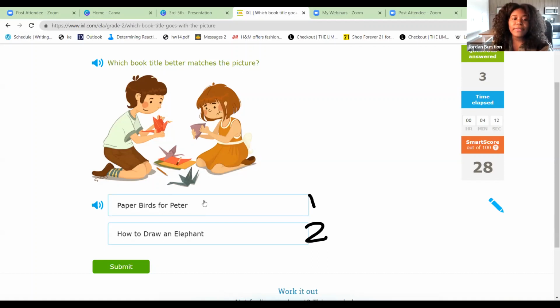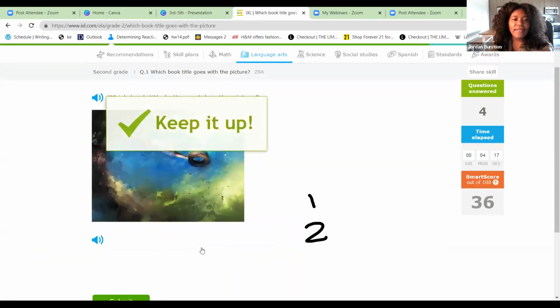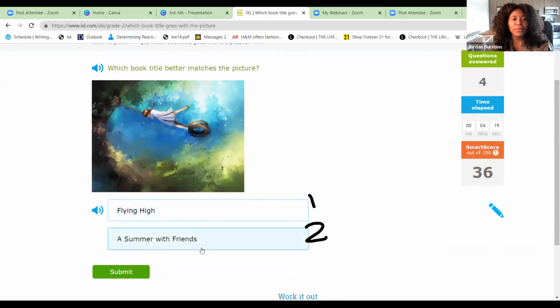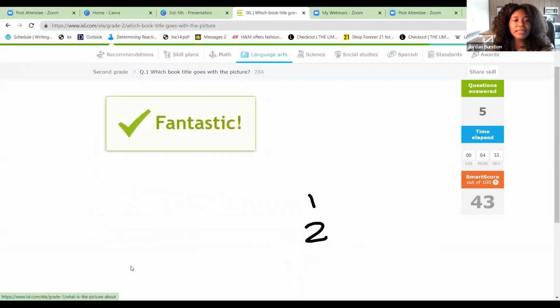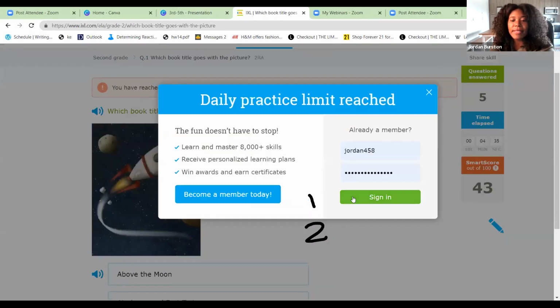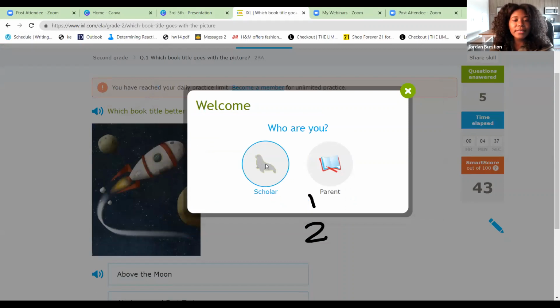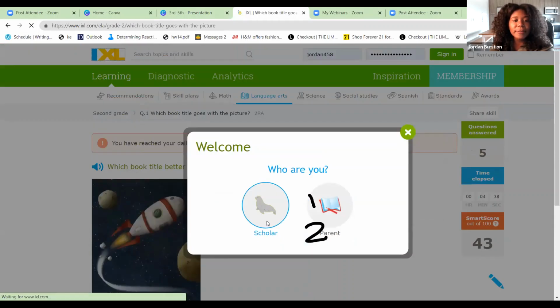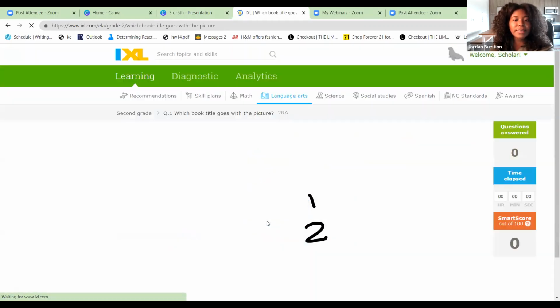One. Perfect. Paper birds for Peter. Awesome. Ooh. Have another picture. First one. Oh, let me sign in real quick. Perfect. Sorry about that.